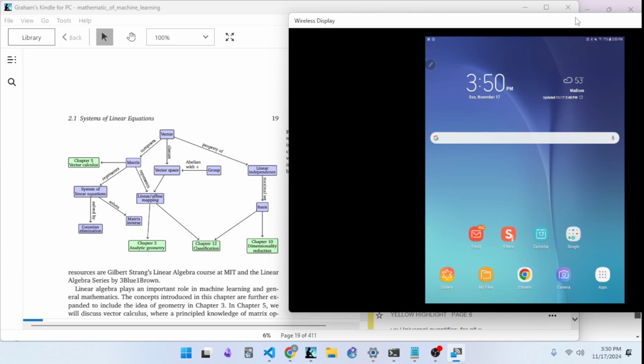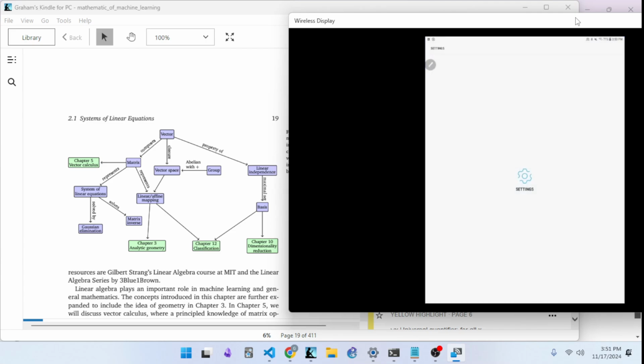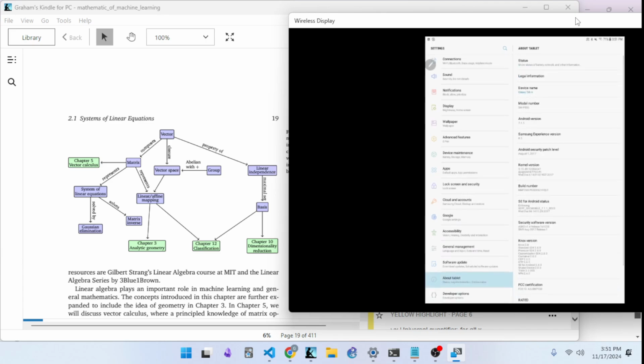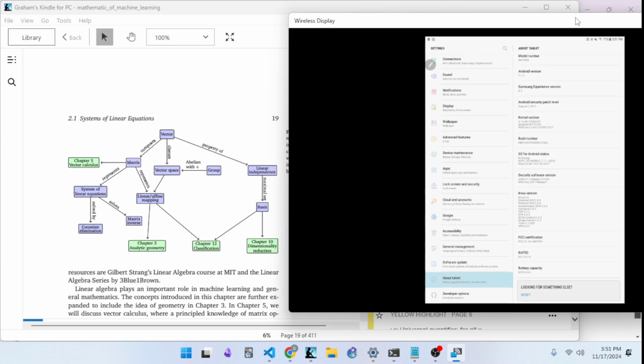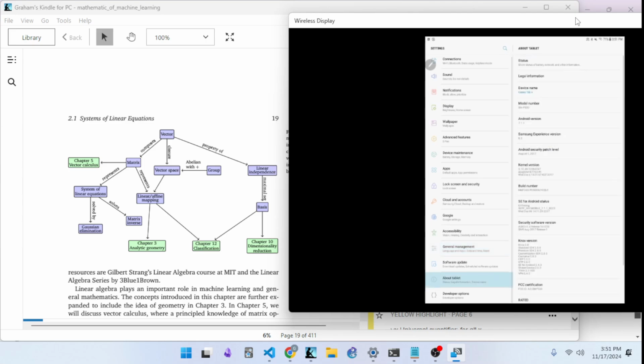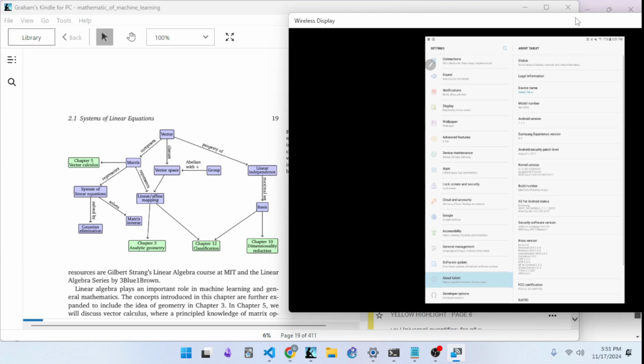If I go to Settings and go to About Tablet, there's a secret code where if you click on something 7 times, I think it's the build number, you turn on developer mode. See at the bottom, it says developer mode has already been turned on.